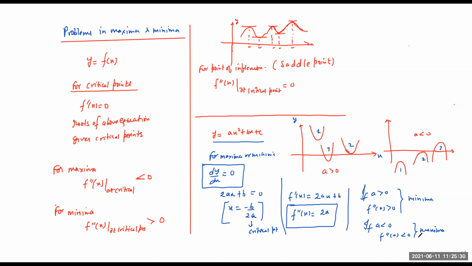You can't get maxima at all. And if a is negative, it's concave down, so what you will get is maxima. And it is also proved by the mathematical derivation. So the a of a quadratic decides everything. So if I give you any quadratic expression, you can easily plot the graph, at least quickly.